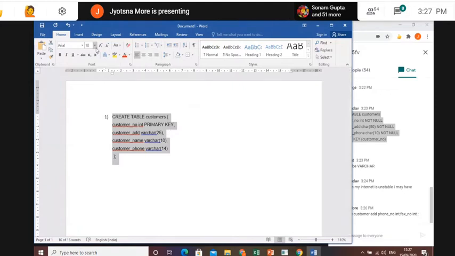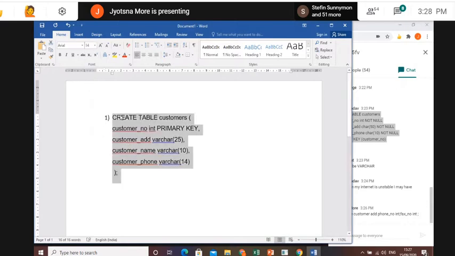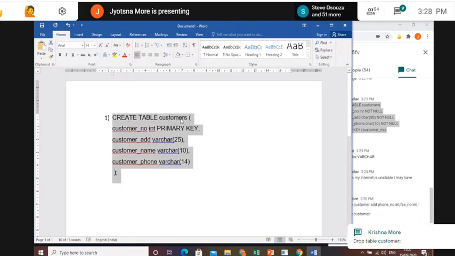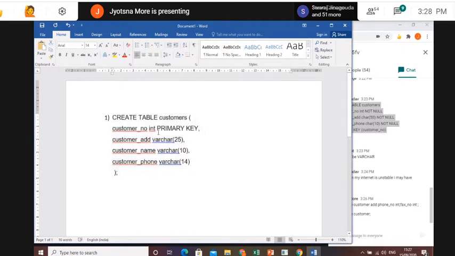I'm just increasing font so that it will be visible to you. Create table customer, that is my table name, and then whatever columns I am having, all the columns with their data type, with their size. For integer, I have not specified. It is my primary key, so I have mentioned primary key here itself.